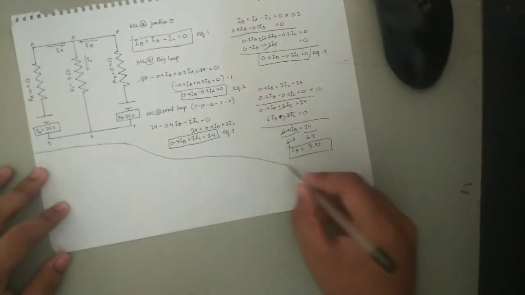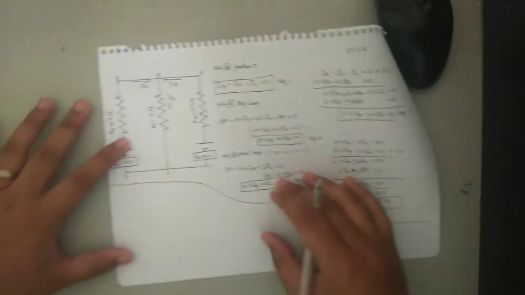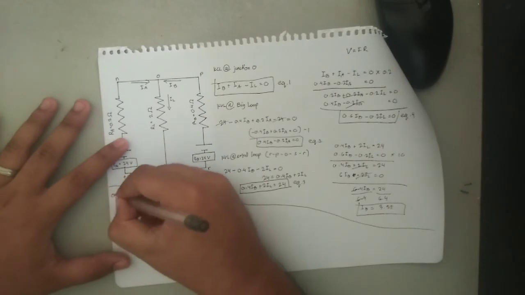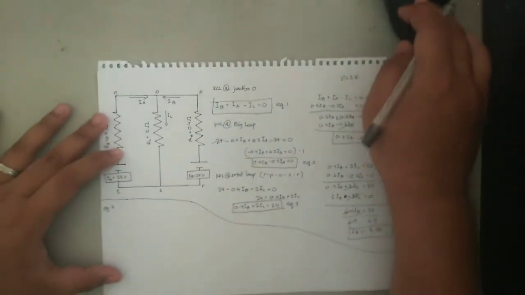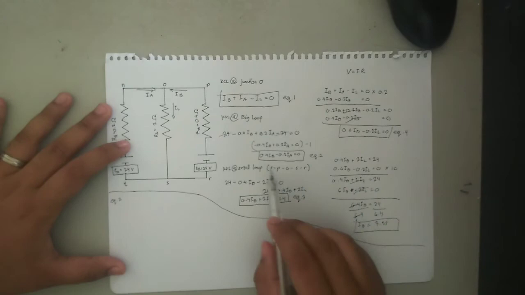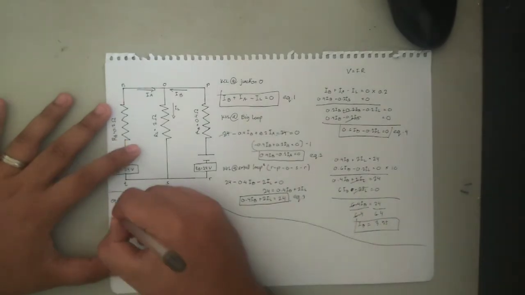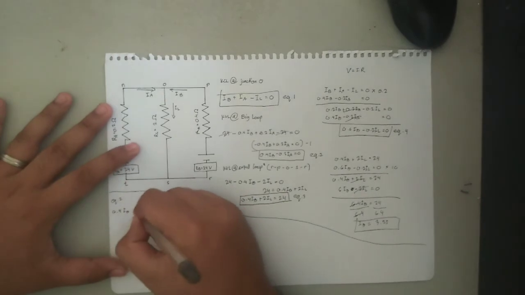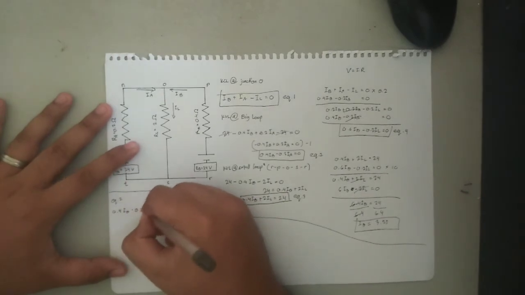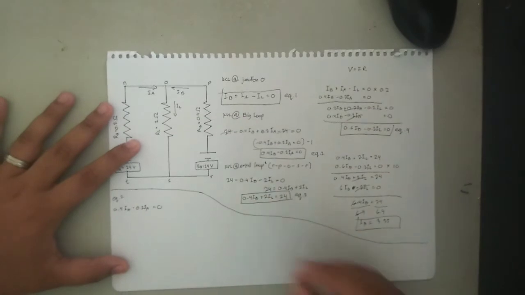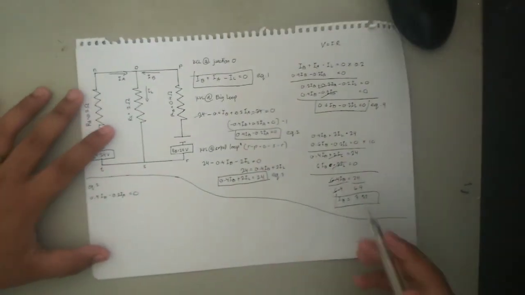So I'm just going to separate this first. So equation number 2. So this is equation number 2. So 0.4 IB minus 0.2 IA is equals to 0. Now we're going to substitute this value.